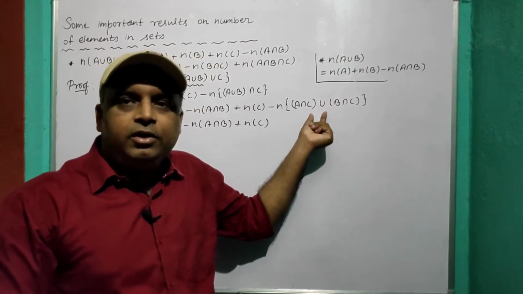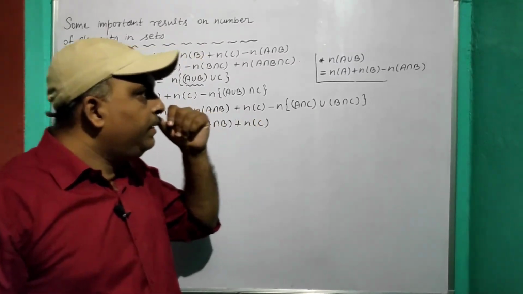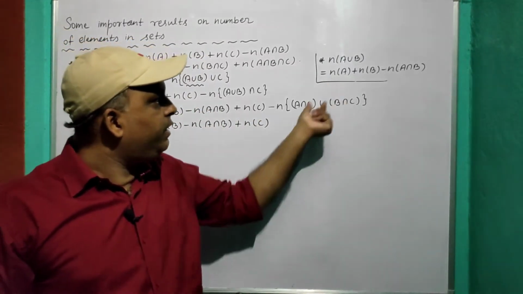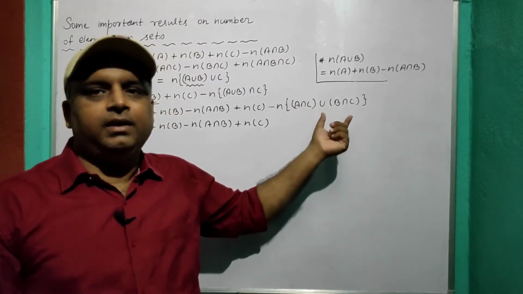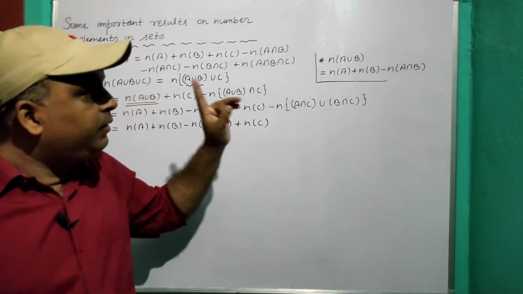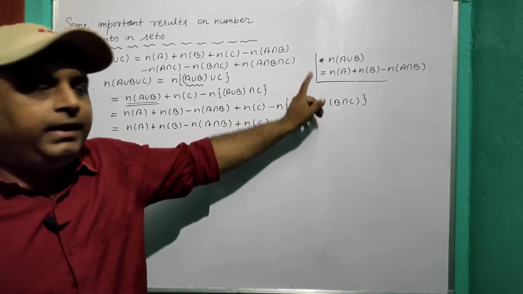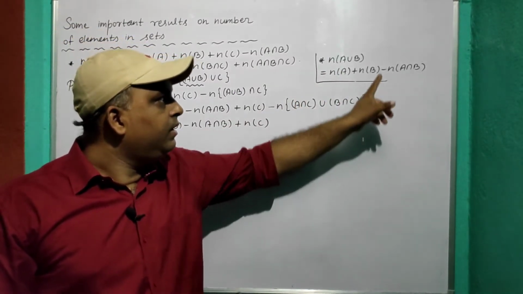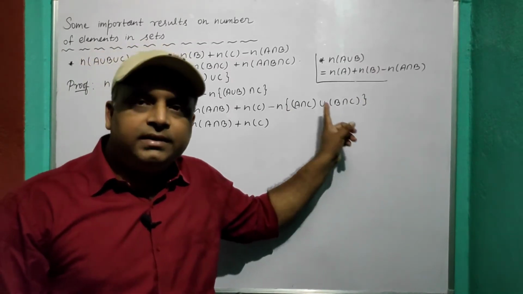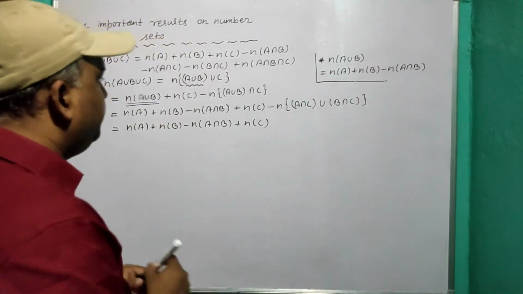Here also you are getting the sign of union. It means now in place of A you are having this A intersection C, in place of B you are having this B intersection C. मतलब कि हम फिर से यही फॉर्मूला यूज करने जाएंगे. जहाँ पर A है वहाँ पर आप A intersection C लिखोगे, जहाँ B है वहाँ आप B intersection C लिखोगे.